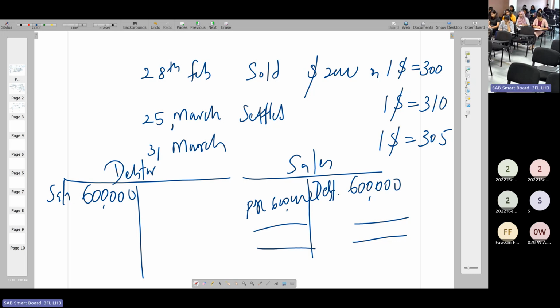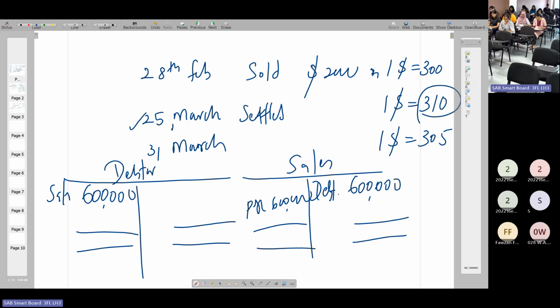This is a monetary item. In this case, there is a settlement before the reporting date. We are getting it on the 25th of March. On this day, this is the exchange rate.